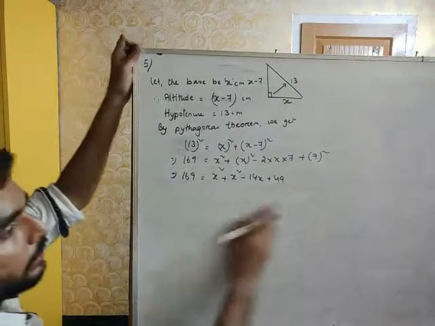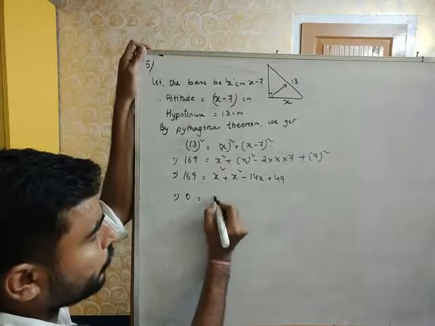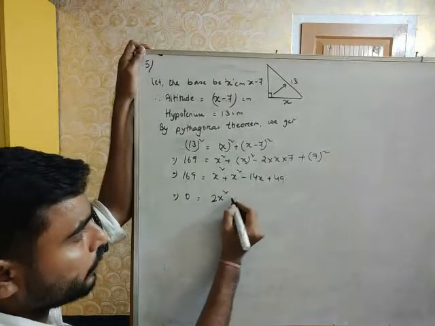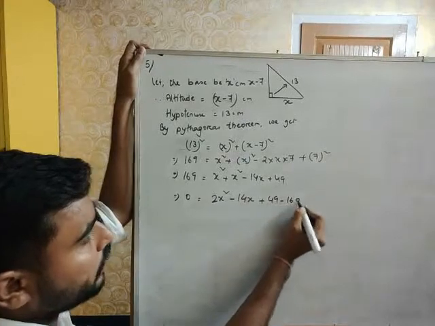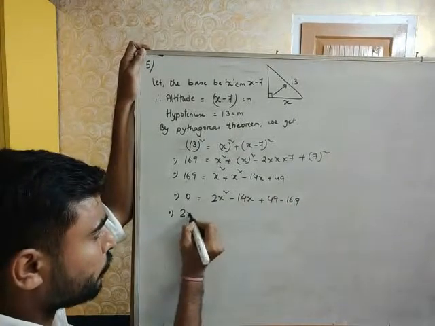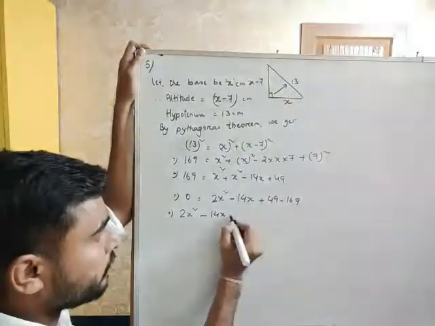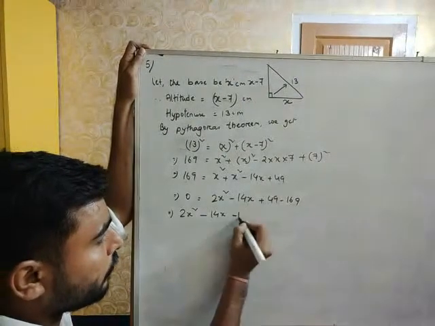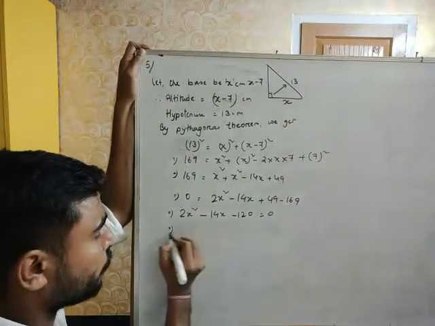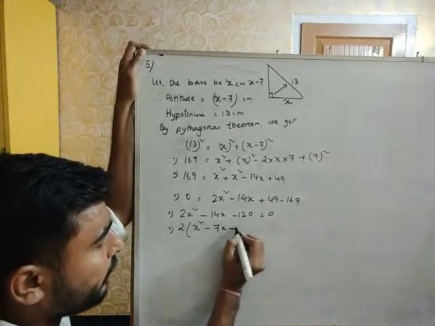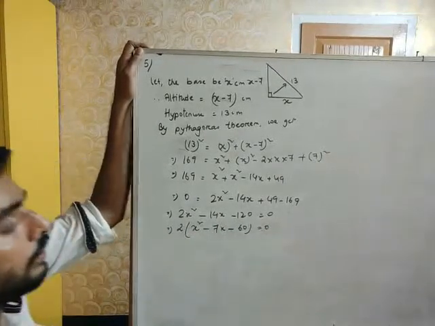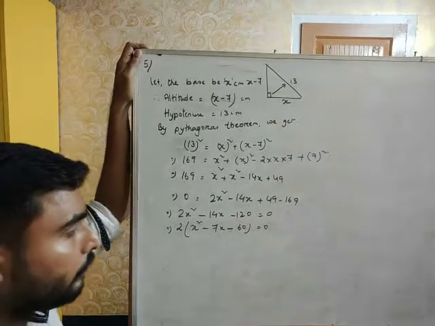So now let me take this 49 also to that side. 0 is equal to x square plus x square is 2x square, minus 14x plus 49 minus 169. So twice x square minus 14x minus 120 is equal to 0. So 2 can be taken common, x square minus 7x minus 60 is equal to 0.